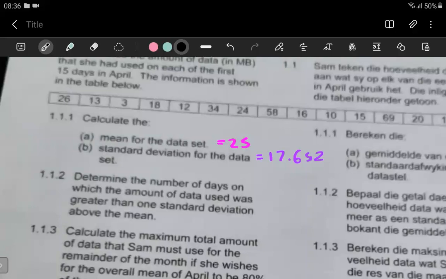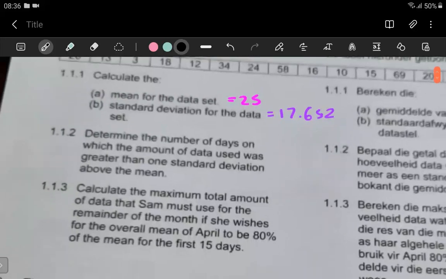Anyways, 1.1.2. So the way you answer this kind of question, you see, they say determine the number of days on which the amount of data used was greater than one standard deviation above the mean.